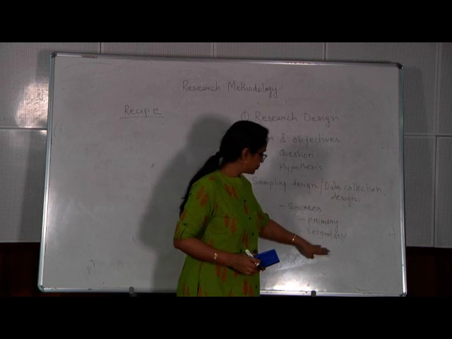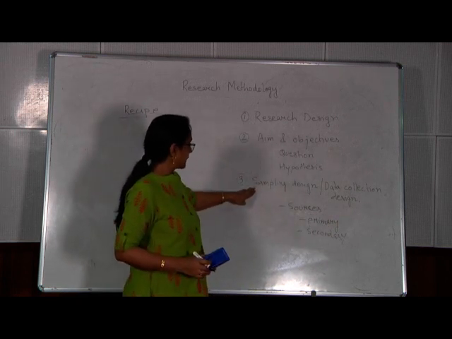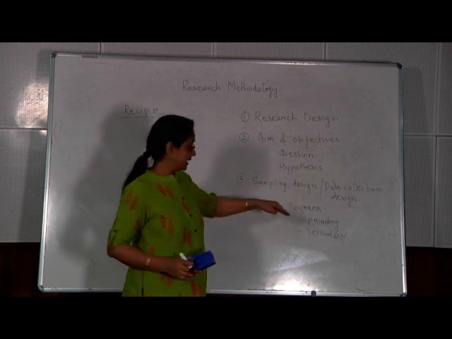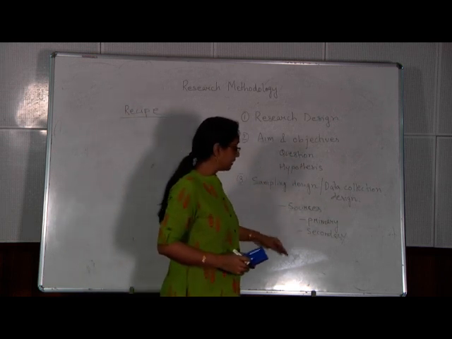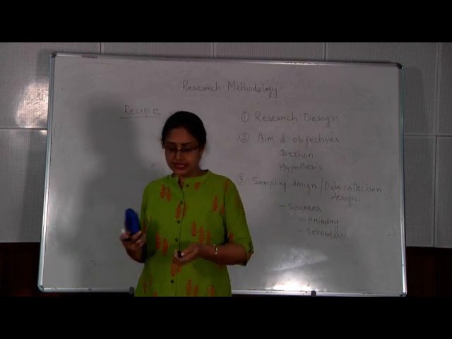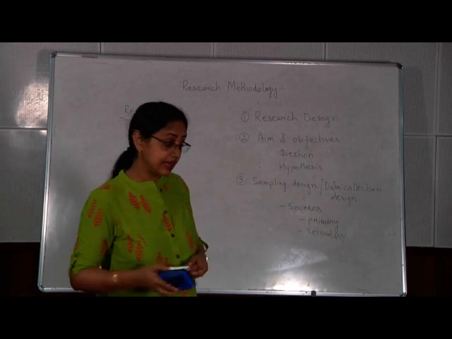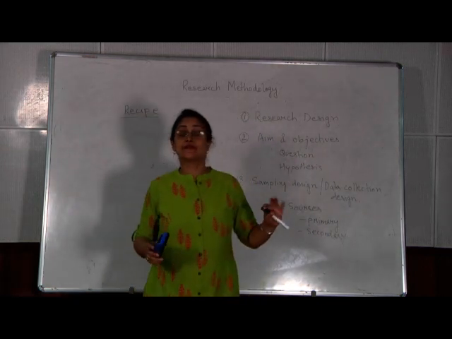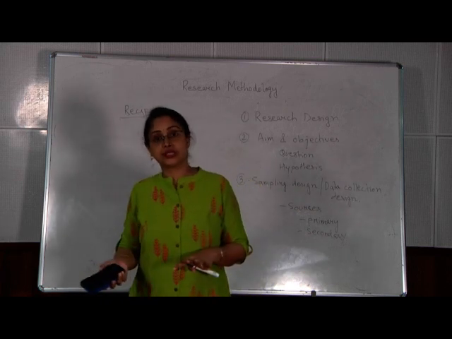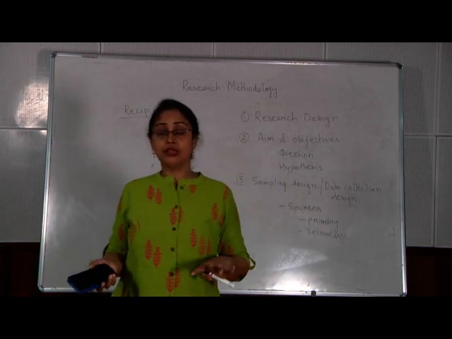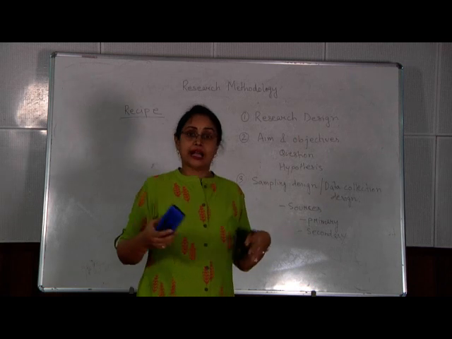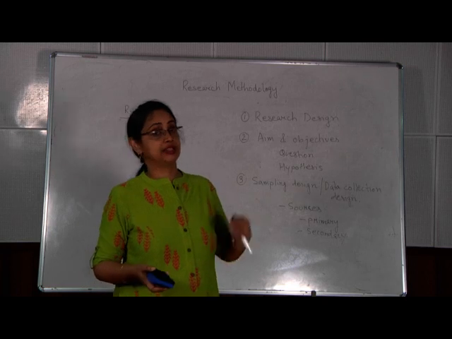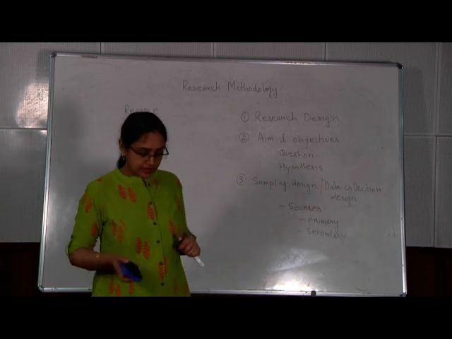So once I've stated the sources, I will be continuing with my sampling design, and I'm going to tell how I have done my sampling, what has been the technique of my sampling. That means how did I select each of my sources. So whether I went for a probability or a non-probability sampling. I believe you already have understood the different types of sampling, the probability and the non-probability sampling.